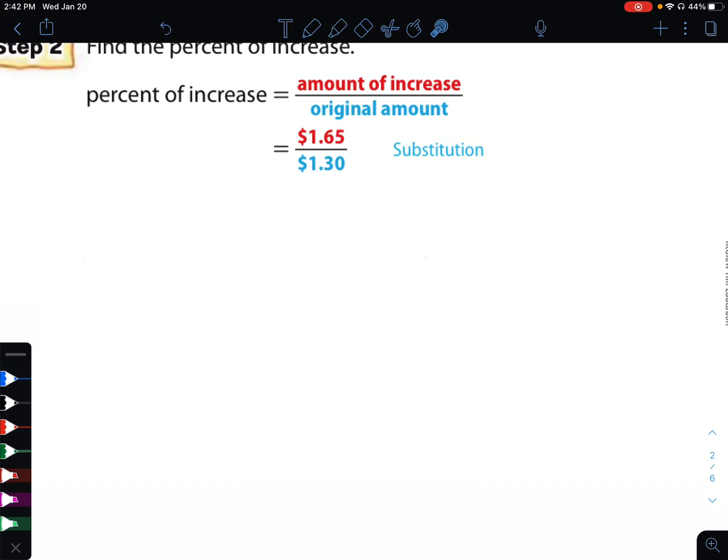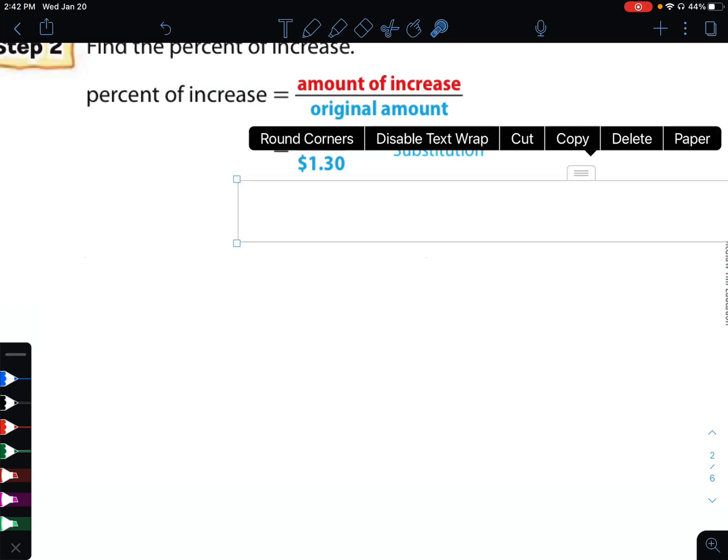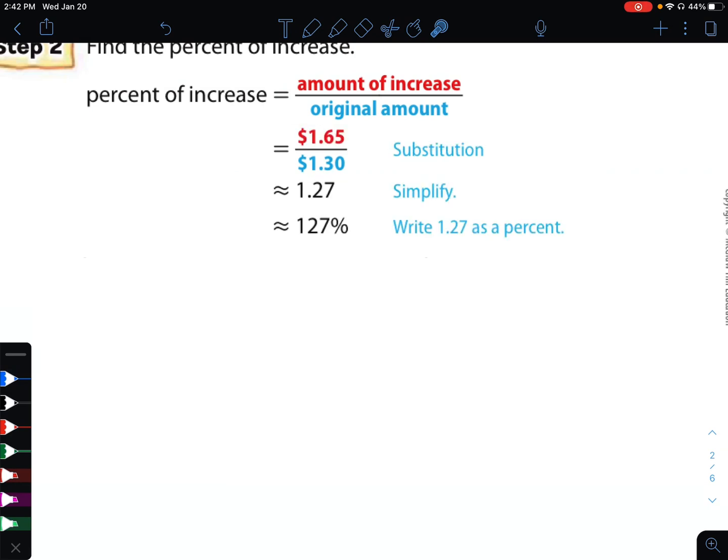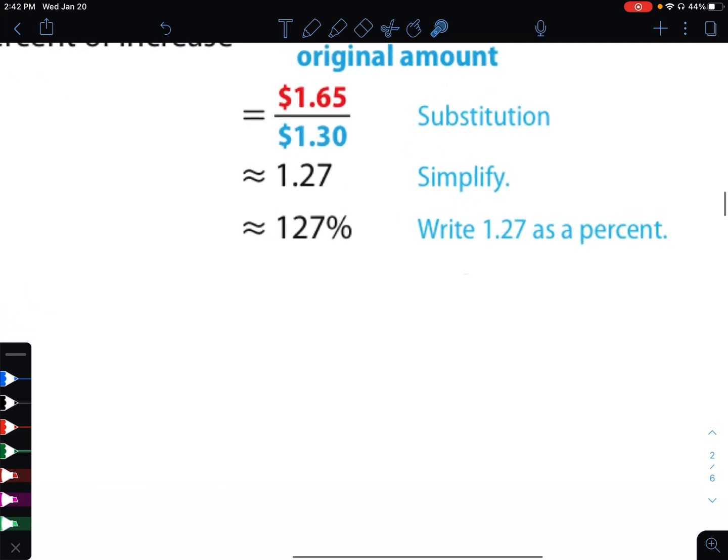We use our calculator to divide 1.65 divided by 1.30, rounded to the nearest hundredths place, will be 1.27. And if we convert 1.27 into a percent, we simply move the decimal two spaces to the right.